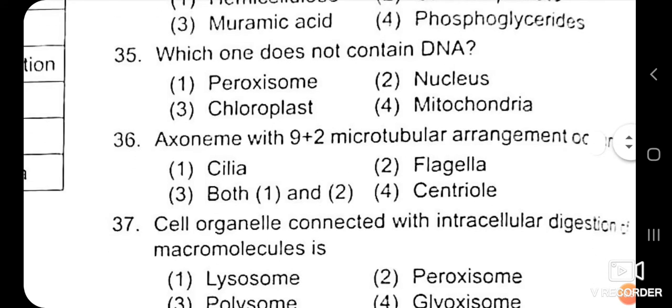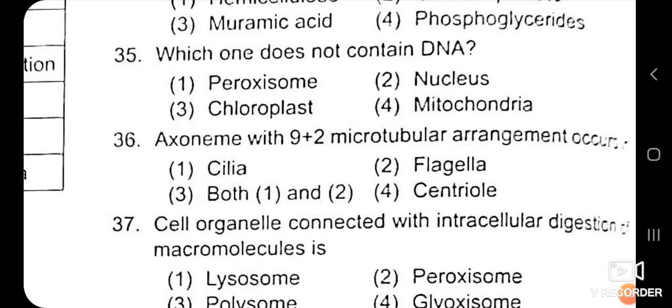Next one, MCQ number 35. Which one does not contain DNA? See the options here. Last to first we'll see. Mitochondria, sorry, mitochondria is a cell organelle which has its own DNA.